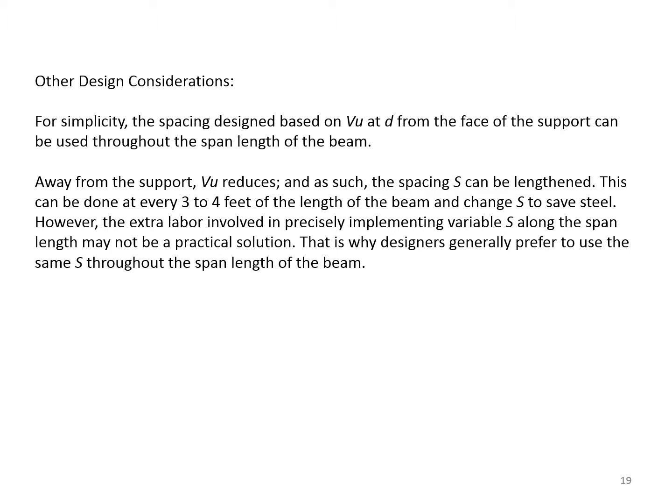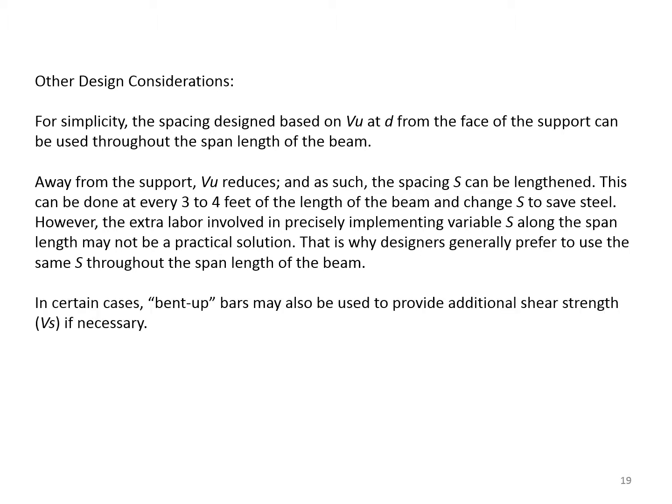This can be done at every 3 to 4 feet of the length of the beam, and then we change S to save steel. However, the extra labor involved in precisely implementing a variable S along the span length may not be a practical solution. That is why designers generally prefer to use the same S throughout the span length of the beam.